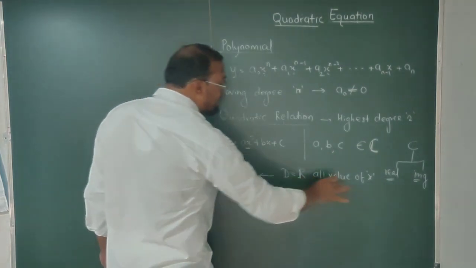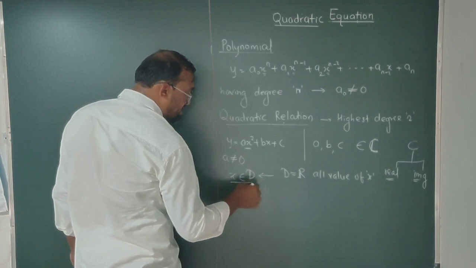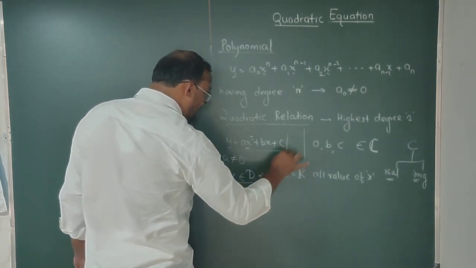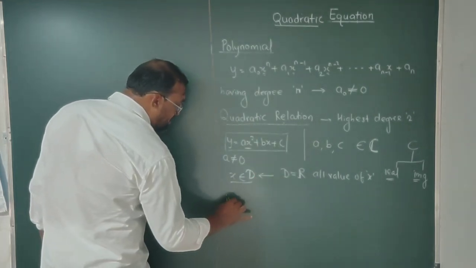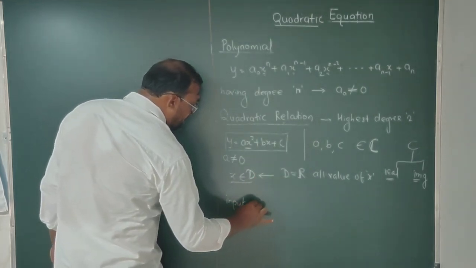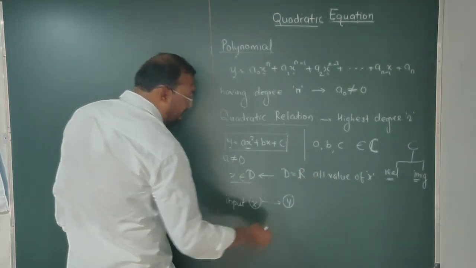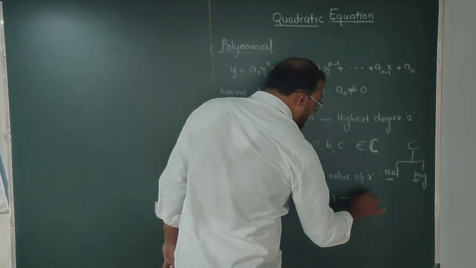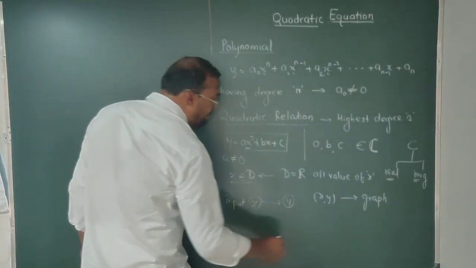But we usually take x as a real axis. So therefore, the domain of x is real numbers. Now, whenever you take some input from the x-axis, we get a value in y, that is your output. And when we take the point x comma y, we get a graph. And for any quadratic, the graph is basically a parabola.